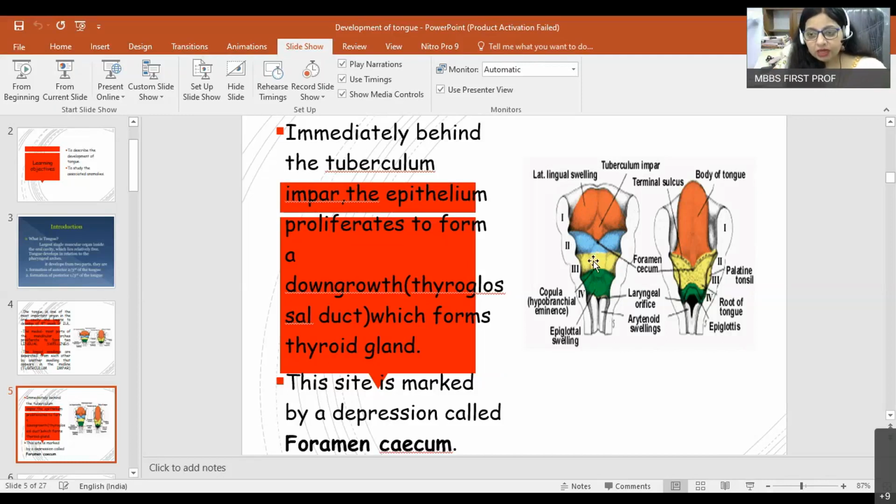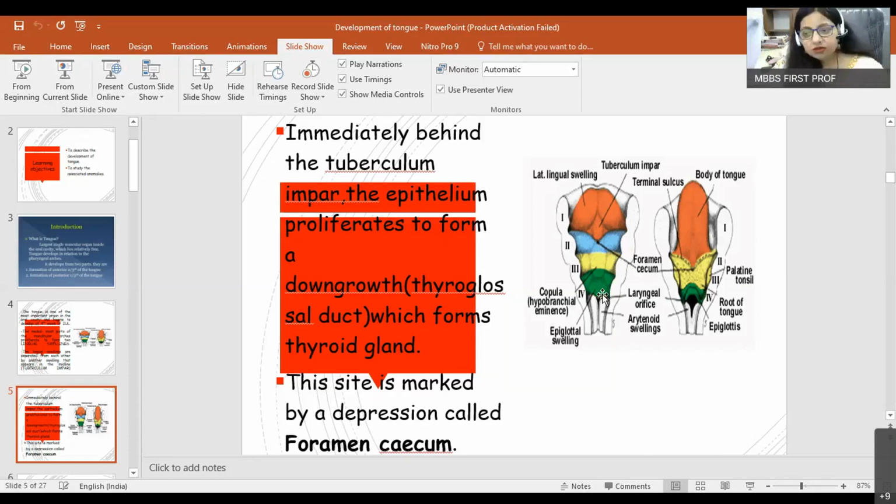The two lingual swellings as well as the tuberculum impar fuse with the cranial part of the hypobranchial eminence, that is the copula, and at the junction of the first and second arch there is a blind pit that is known as the foramen cecum. This foramen cecum makes a depression and a cord-like structure is formed which undergoes canalization, known as the thyroglossal duct, responsible for the formation of the bilobed thyroid gland.